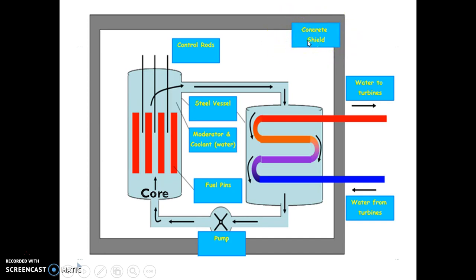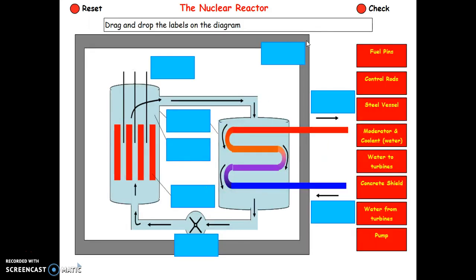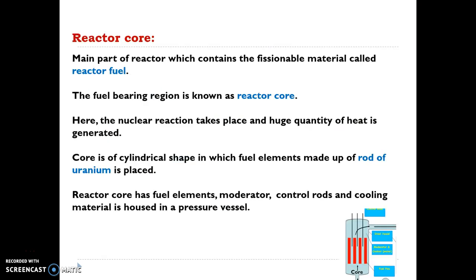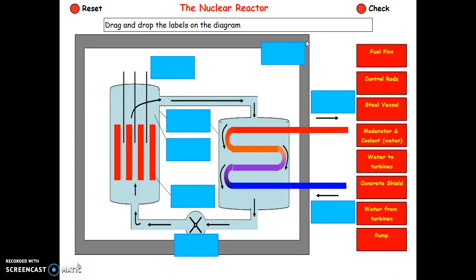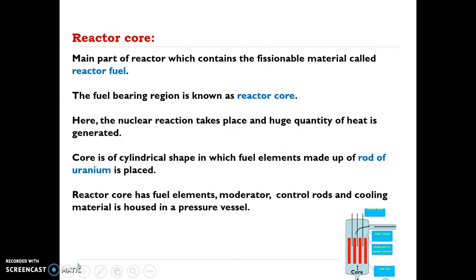The entire assembly is enclosed in a concrete shell because there will be generation of a high amount of energy, and to protect the user and external environment from that energy, the shield is required. Again the diagram is provided, and try to label these fuel pins. Try to arrange these names over here, so that you can do it by yourself.